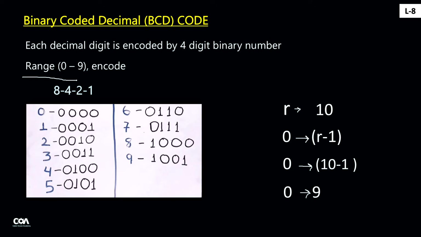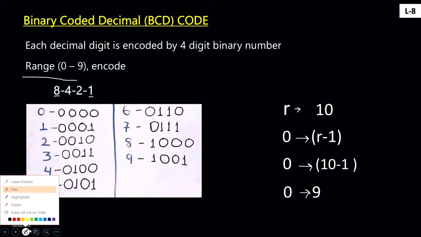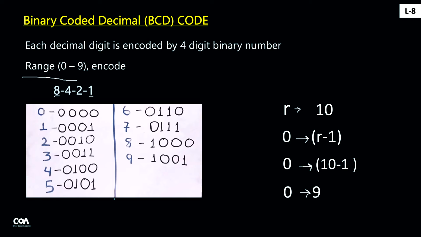The position weight is 8421: for the MSB, the most significant bit, the weight is 8, and for the least significant bit, the weight is 1.